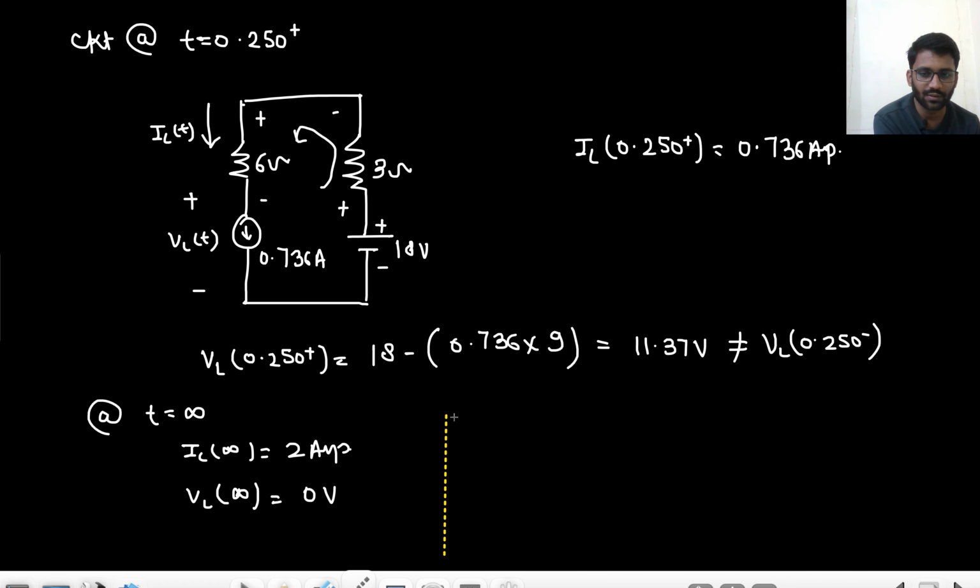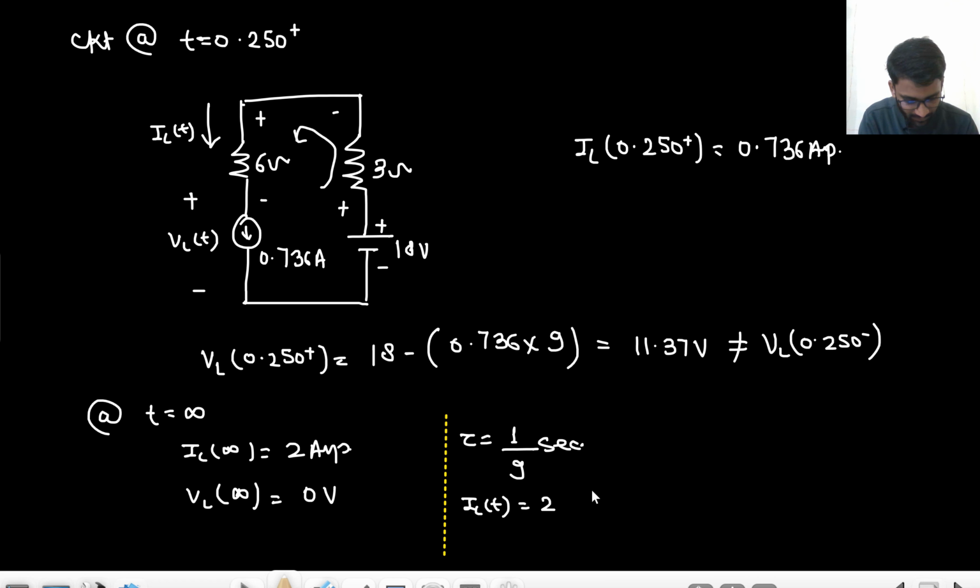What is the time constant? Time constant is L by R. L is 1, R is 6 plus 3, 9. So this is the time constant. So what will be your IL(t)? Starting from this, 0.736 minus 1.264.